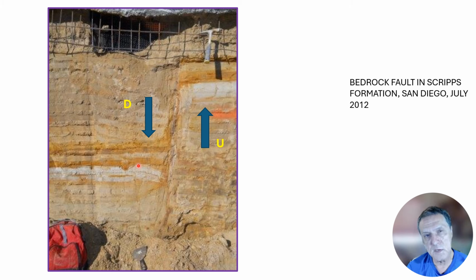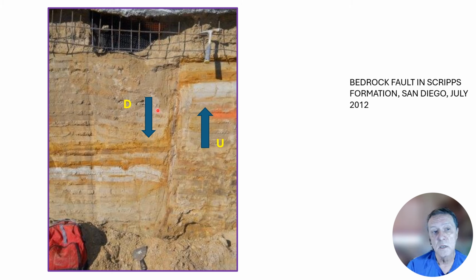When we see something like this at a construction site, of course, we have to, as engineering geologists, map it, log it, and make sure that everybody knows about it, including the construction crews, the owner, the developer, and the geotechnical engineer. Now, the next thing we have to do is determine whether this is an active fault.